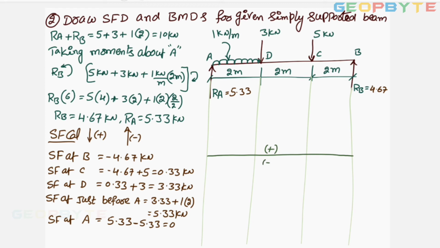Like this: A, B, C and D. SF at B minus 4.67, like this. SF at C plus 0.33, like this. At D it is 3.33. At just before A it is 5.33. Exactly at A it is 0.